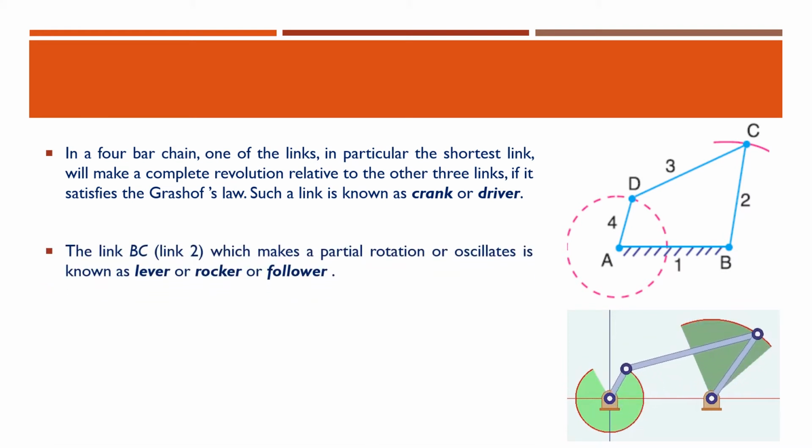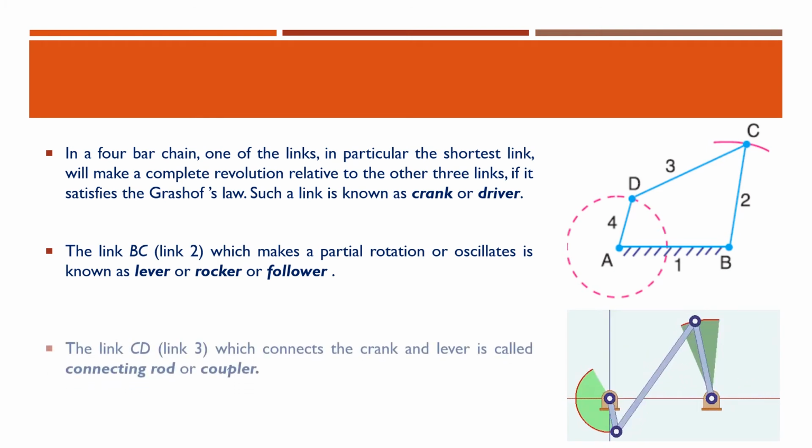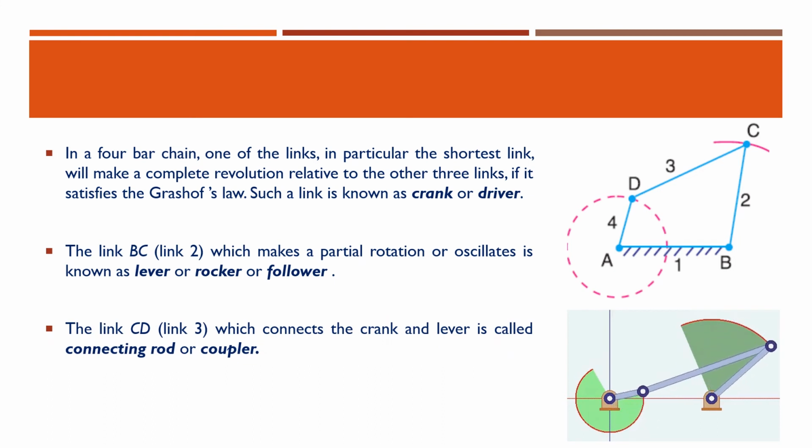And the link BC actually reciprocates, or simply it oscillates. Okay, it oscillates or it makes a partial rotation. Such a link is called the lever or the rocker or follower. The one which partially rotates or oscillates is known as lever or rocker or follower, and the one which connects the crank and the rocker is called the connecting rod or simply the coupler.